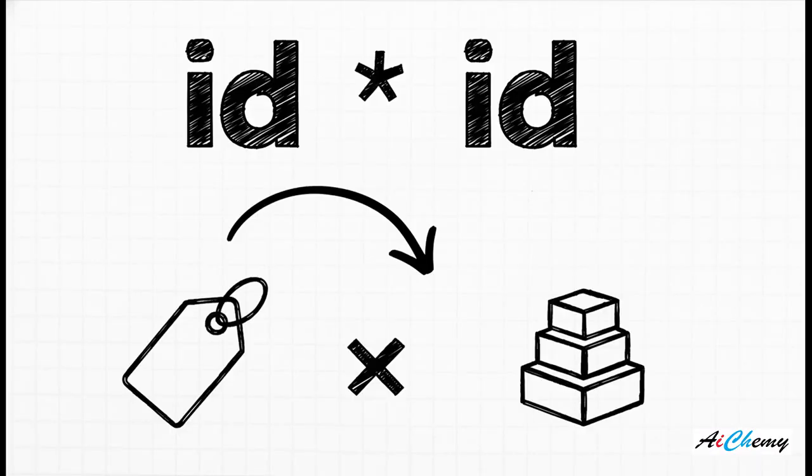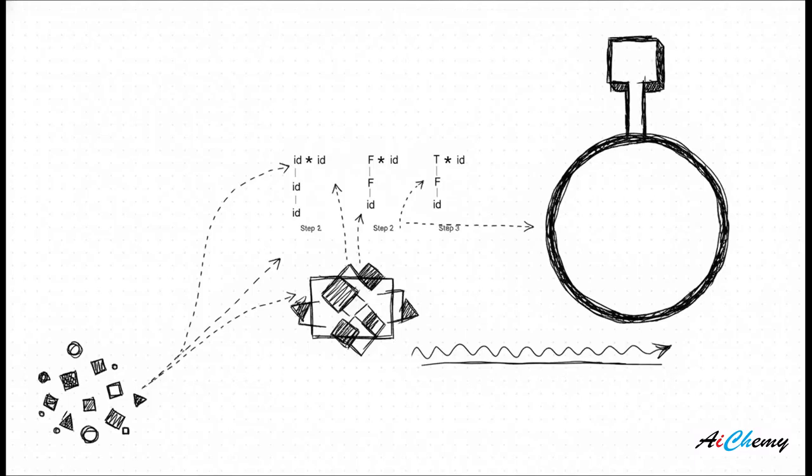Our piece of evidence is a simple little expression, ID times ID. Now, in compiler speak, ID is just a token that stands for an identifier, like a variable name. So you can imagine this is something like price times quantity. Now, watch how the parser builds this thing from the bottom up. In step 1, we've just got the raw tokens, but by steps 2 and 3, it's already starting to group them.